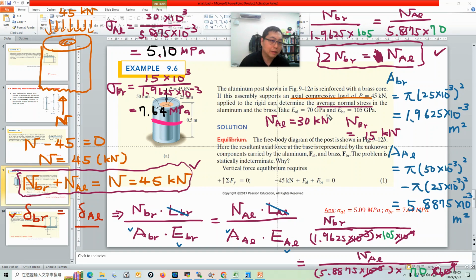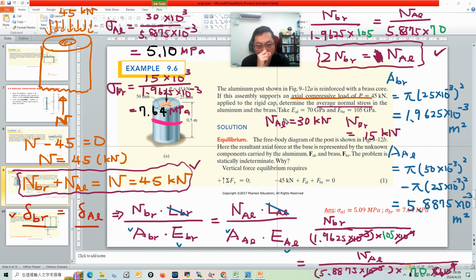Sorry, I missed something here. Sometimes you will switch the number in your mind, so just be careful. My equations are all correct, but I misplaced the number, and if you misplace a number, even if the calculation scheme is all correct, you still cannot get the right answer.